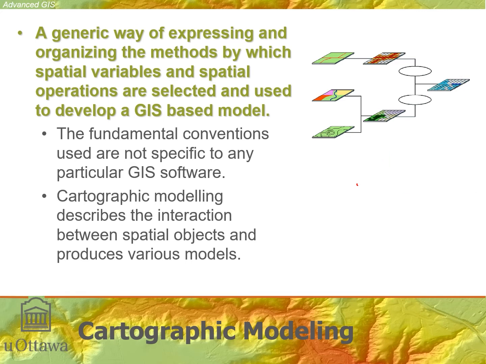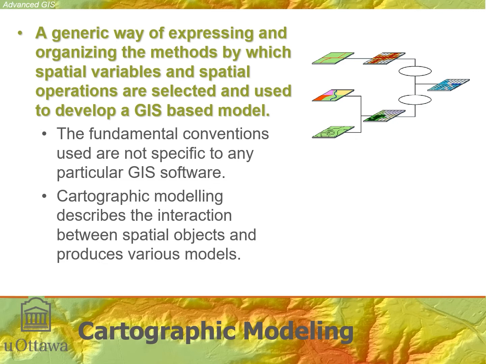So cartographic modeling is a way of flowcharting that has specific conventions that aren't particular to specific software. So cartographic modeling is something you can do with or without software, although many software, even ArcGIS Pro, contain the ability to develop cartographic models and run them visually, to visually create and then run the model, which is a big advantage.